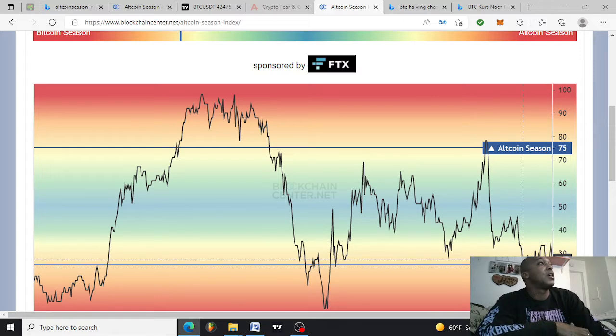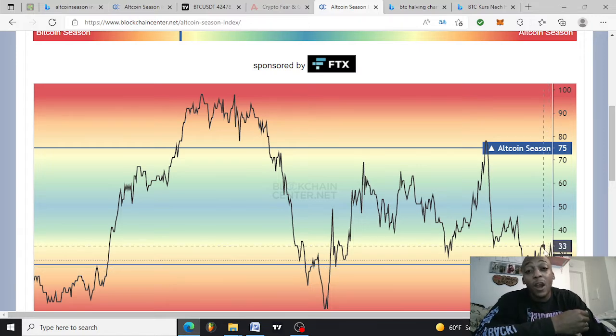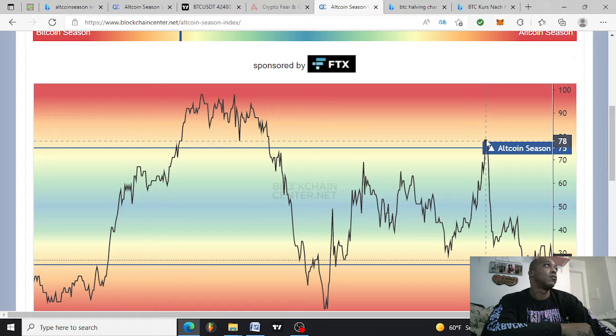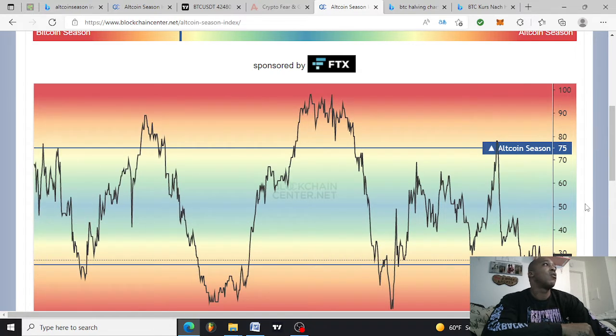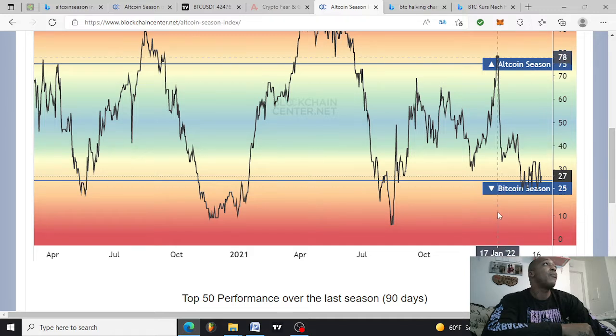So with that being said, this time around, when the next altcoin season happens, we shall be prepared and we shall capitalize from the next altcoin season. Alright? So when did the last altcoin season occur? It happened this year, actually, on January the 17th. So that was when altcoins had more power than Bitcoin, of course.